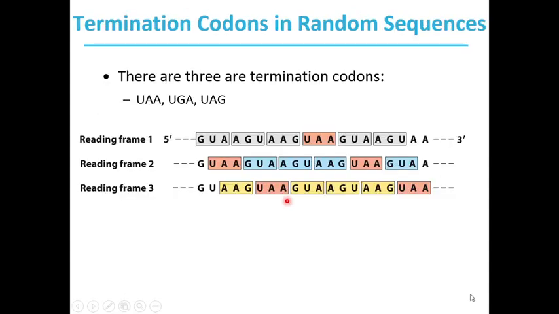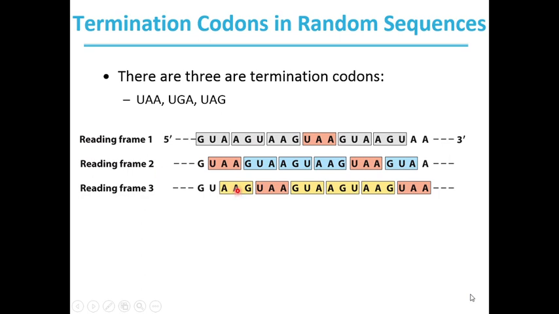An example of termination codons in random sequences is given in these three reading frames. In reading frame 1, as you can see, after 3 codons, there is a codon UAA, which is a stop codon or a termination codon.